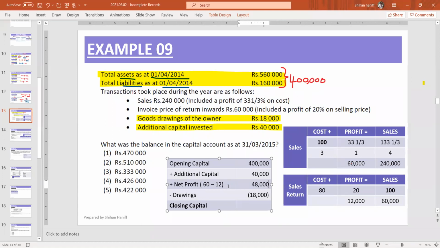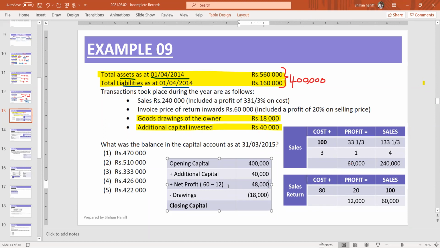Sales value is given on cost. Return inwards is given on selling price. Opening capital plus additional capital plus net profit minus drawings equals the closing capital.